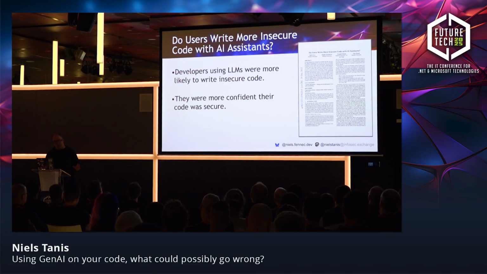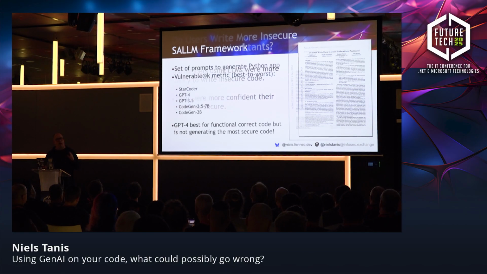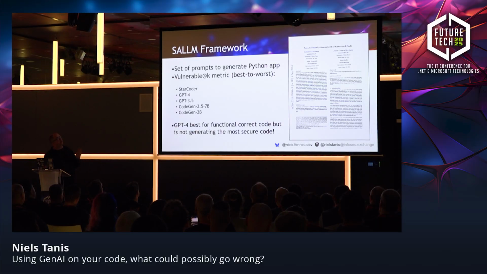And that's the thing, like, hey, is it a good thing? I don't know. The other aspect we need to be aware of is, how good are all the models at generating code? This is a nice framework that has a base set of prompts to create a benchmark. They generate code for each of the different models, and then they checked it for security problems and security vulnerabilities. They figured out that StarCoder is definitely the best at doing code, then GPT-4, and then the other ones.